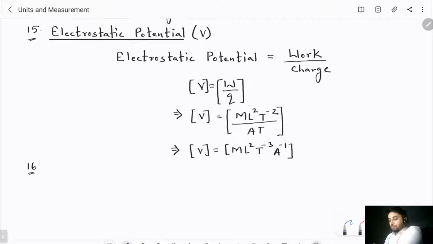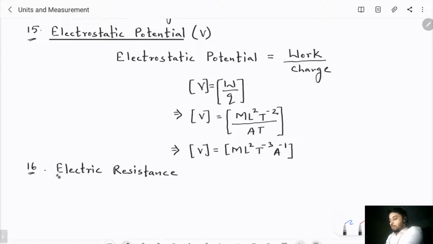Next let us see resistance, or you can say electric resistance. Okay.